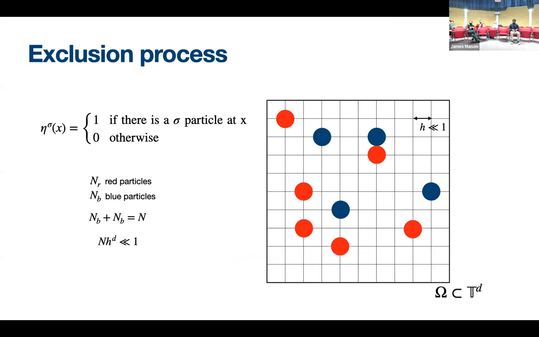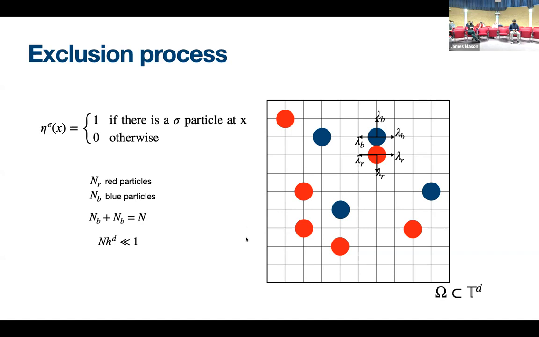So this is the system we're going to consider. We have two species, red and blue, where all the red particles jump with rate lambda r, all the blue particles jump with rate lambda b. And again, we impose volume exclusion. So when they're adjacent, they can't jump on top of each other.